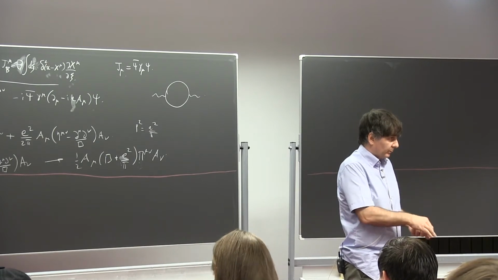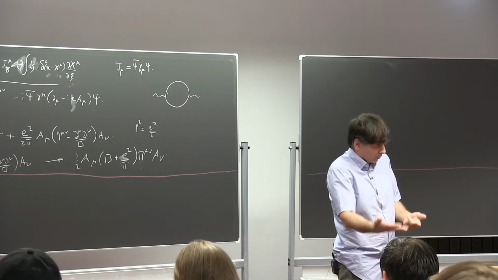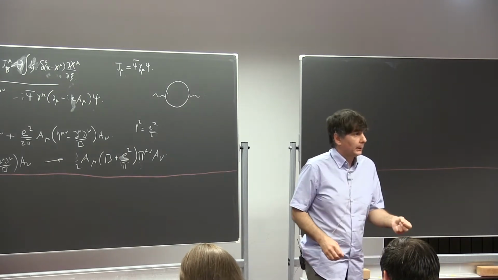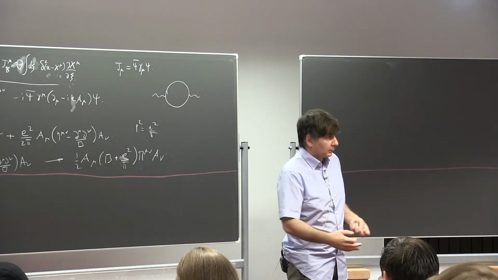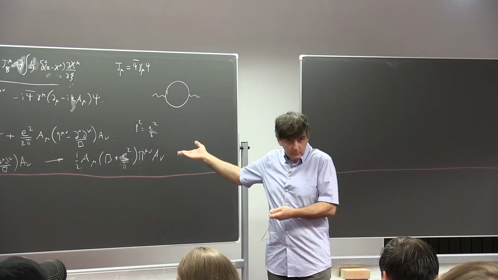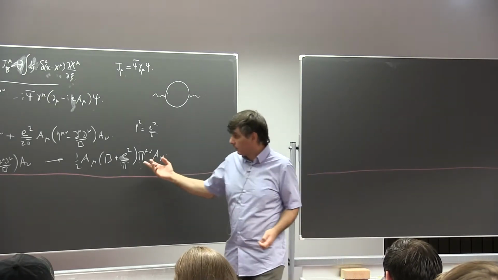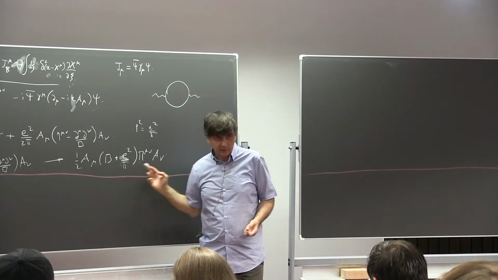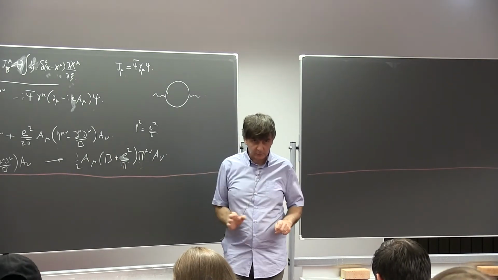So before we had a pole at p squared equals 0, although this pole was not propagating, but it was a pole, okay? And now this pole is getting shifted, okay? And now I'm trying to understand what this means, right? Okay, now, of course, this means that there is some mass generated because we no longer have a pole at p squared equals 0.